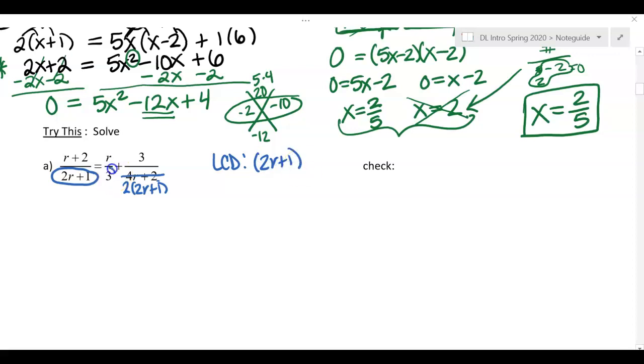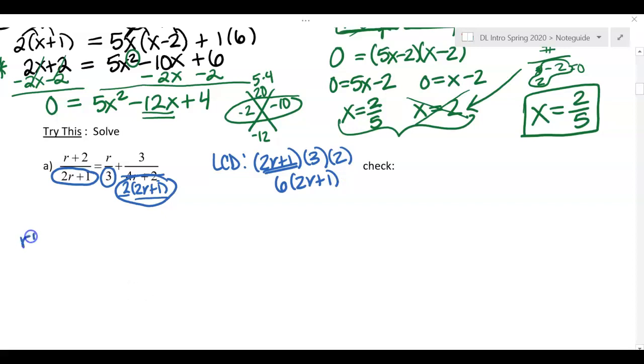When I look at the next denominator, 3. When I look at this denominator, a factor of 2, and a factor of 2r plus 1. I have the 2r plus 1, but not the 2. So my least common denominator here would be 6 times 2r plus 1.